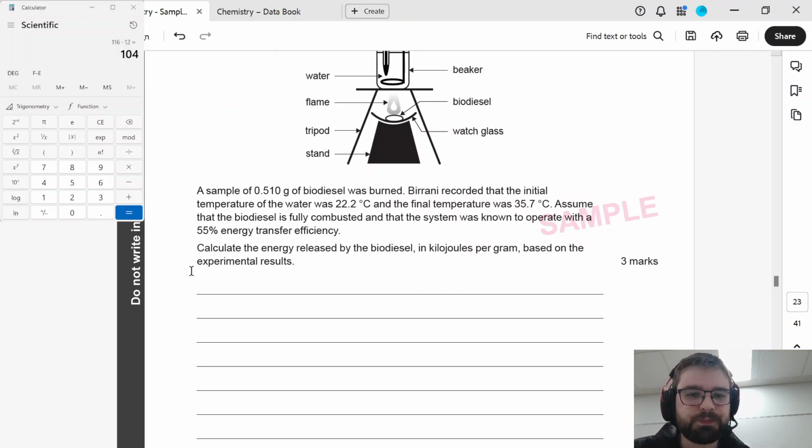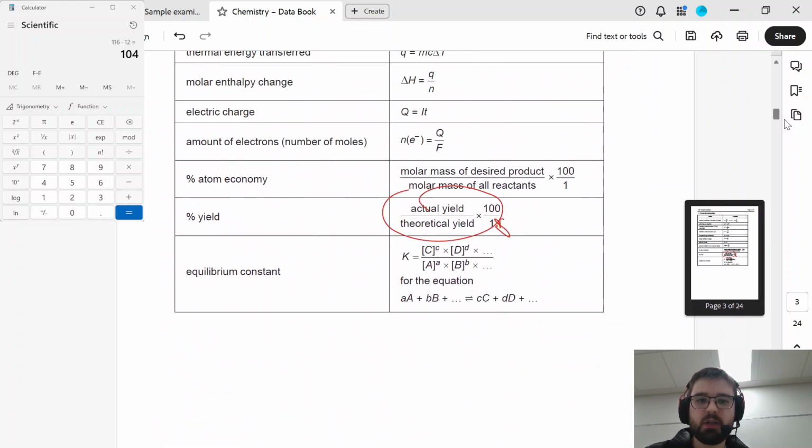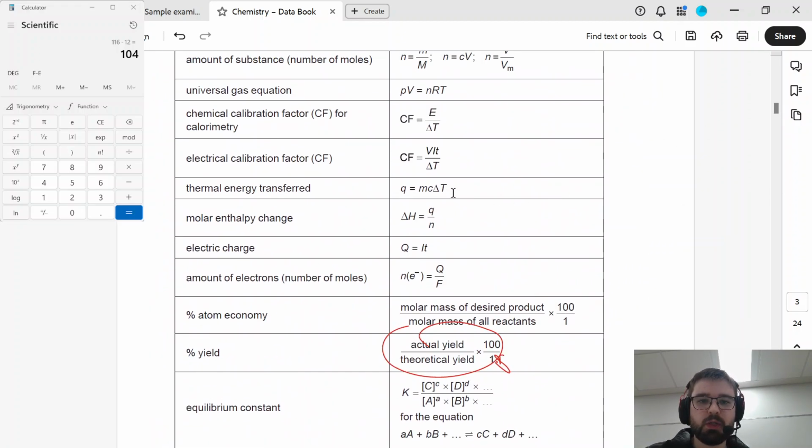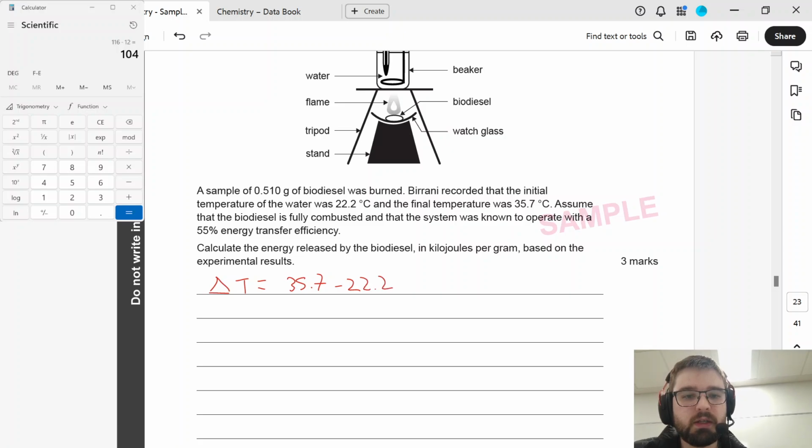Okay, so we're not using a calibration factor here, so we are looking at our equation that's up here, Q equals mc delta T. So we need m and c and delta T. The first thing I probably look for is delta T. It is just the difference between the 2 temperatures, so 13.5.